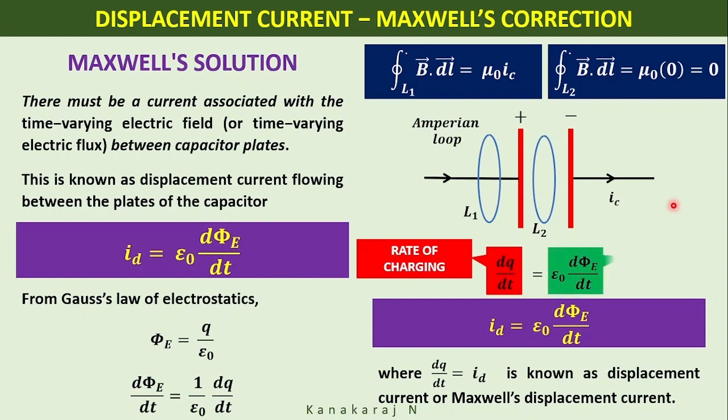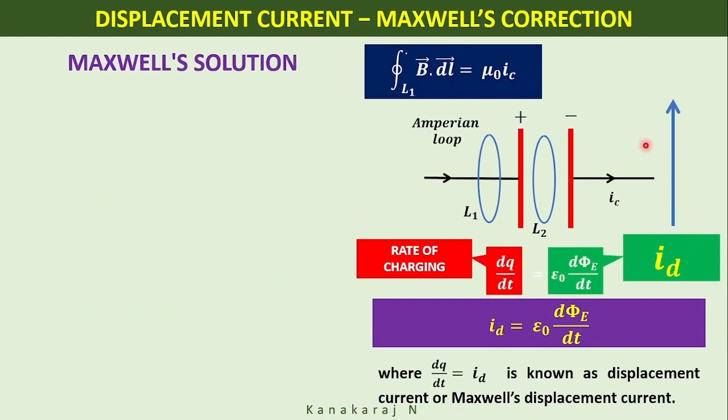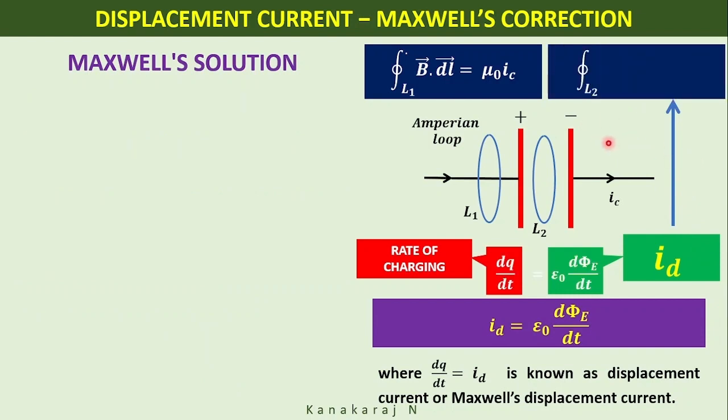On the right hand side, epsilon naught d phi E by dt, we name it the displacement current ID. This has to be substituted in the second integration. So the second integration becomes integration over closed loop L2 of B vector dot dl vector equals mu naught times ID.